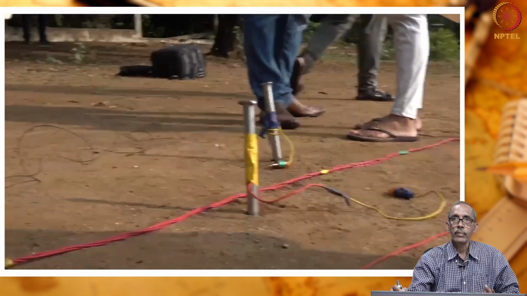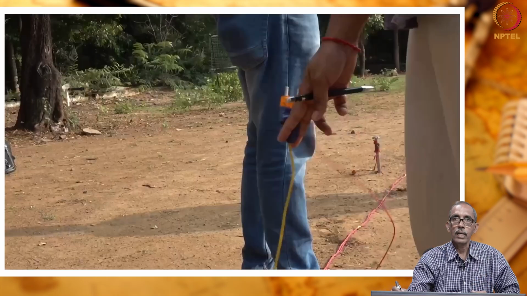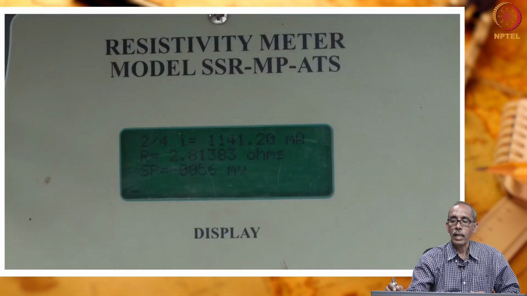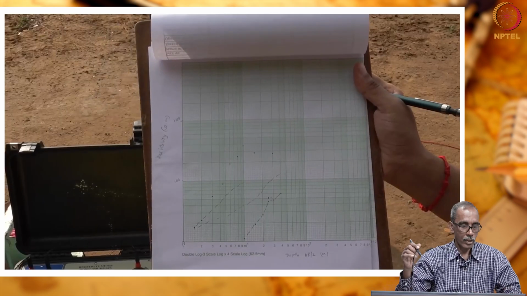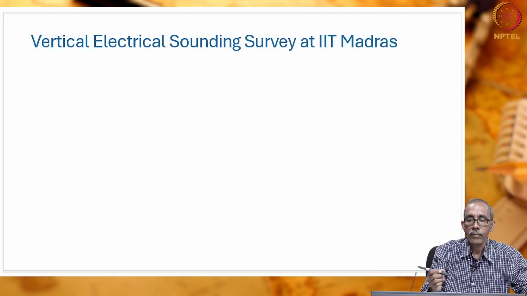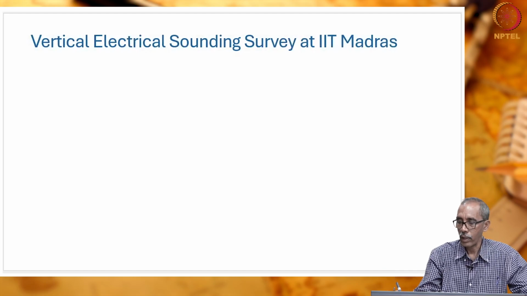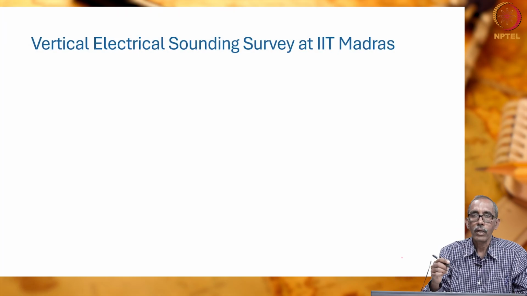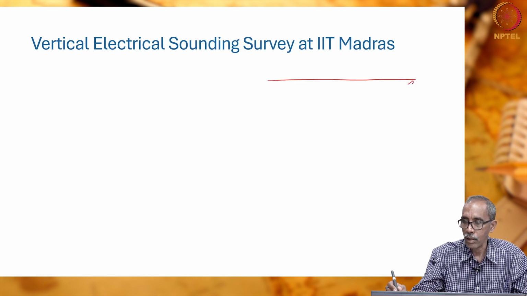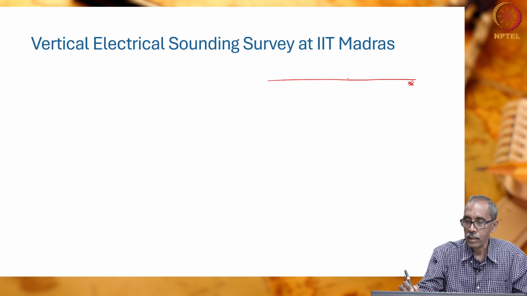You can see this is how progressively the electrodes are shifted on either side, and each set of students carries out the measurement. What I was referring to is, when we are carrying out the survey a little bit faster, this is the site, this is the cross section, this is the surface, this is the center point of the spread.